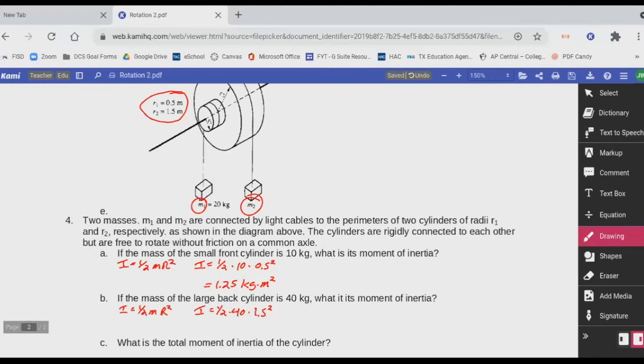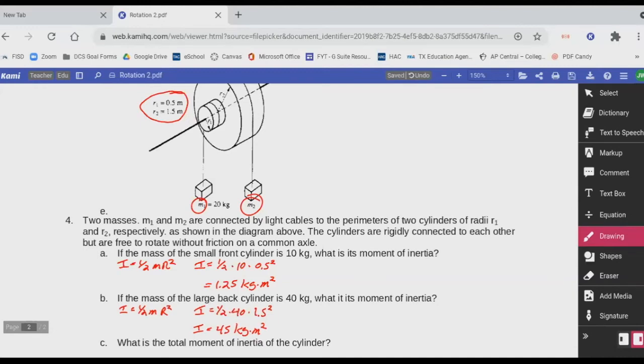It's not hollow like a ring. It's completely filled in, but it's flat on the two sides. So now when we do this math, I got I equals 45 kilograms times meters squared. So now we've gotten the rotational inertia, or the moment of inertia, for the two cylinders.